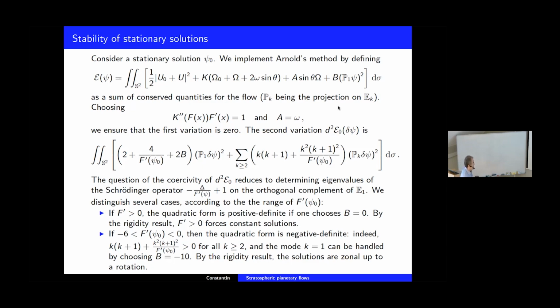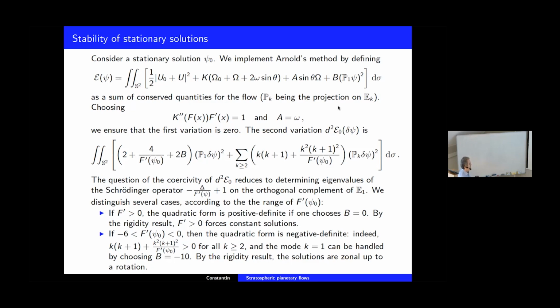Now I can choose B to make this have one sign, but here there is a problem, though not everywhere. So what is clear here? If f prime is bigger than 0, then this is positive. You can choose b equals 0, because that would kill this.